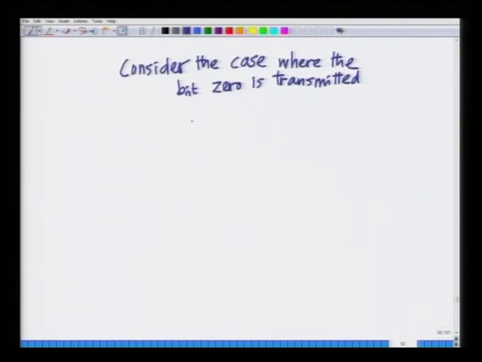Now, 0 corresponds to minus root p. So, my received signal is y equals minus root p plus noise. Right? What I am saying is the bit 0 has been transmitted. We saw in the previous page that 0 is coded as minus square root of p. So, I am transmitting minus square root of p. What I am receiving is minus square root of p plus n, where n is the noise at the receiver.